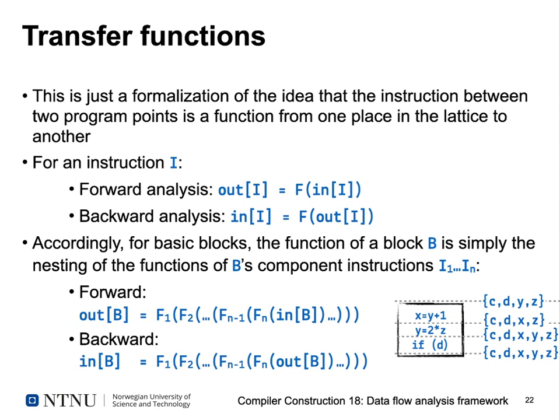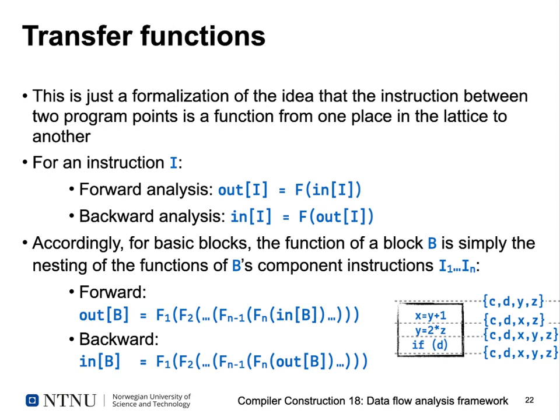So using this, we can combine our program point analysis we've seen so far with our lattice theory using what we call transfer functions. So such a transfer function is simply a formalization of the idea that the instruction, that is the instruction between two program points in our program, is a function that transforms state from one place in the lattice to another.